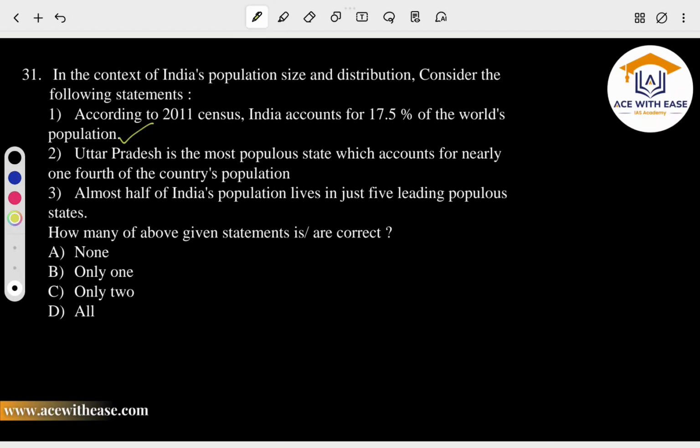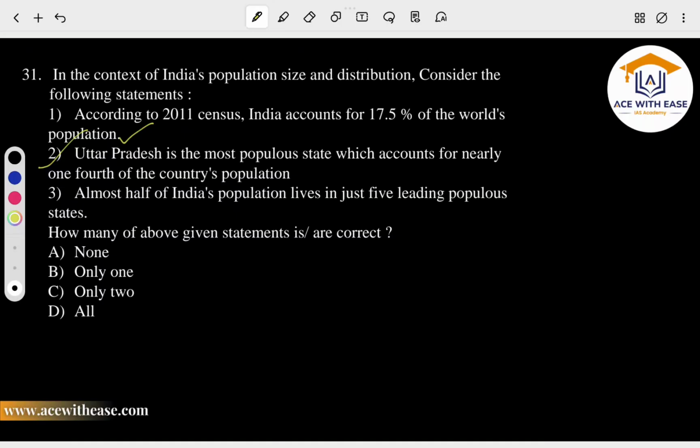Second statement: UP is the most populous state, which accounts for nearly one-fourth of the country's population. Yes, this is a correct statement. Somewhere around 20 to 22% of our Indian population is present in UP. Third, almost half of India's population lives in just 5 leading populous states.